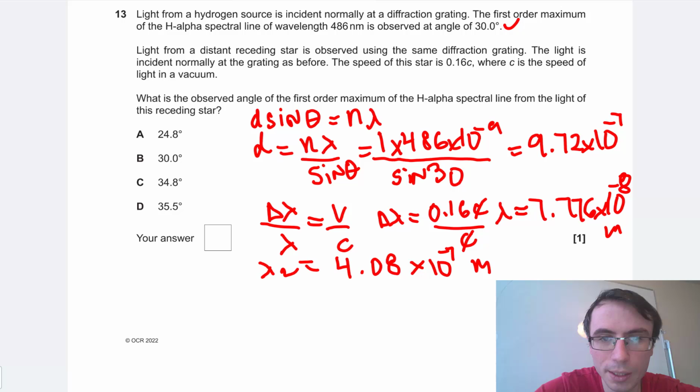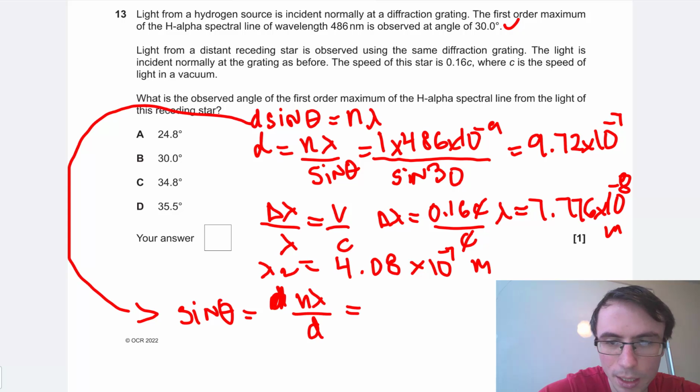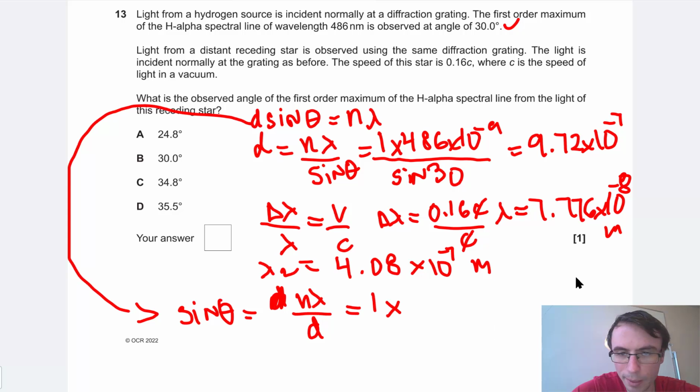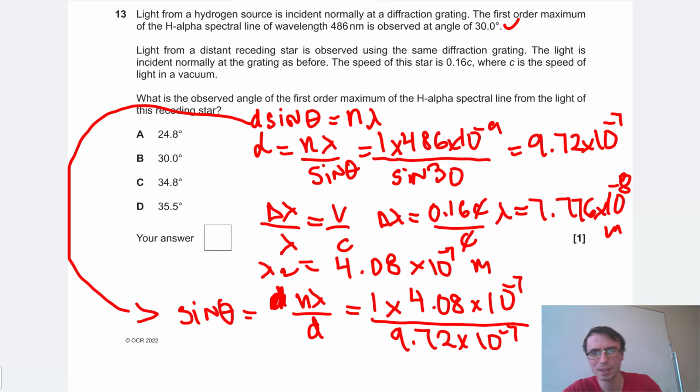And now we have to apply d sine theta equals n lambda again to figure out the first order. So I'm going to say sine of theta is equal to n lambda divided by d, which is going to be equal to 1 times, for the wavelength, 4.08 times 10 to the power of minus 7, divided by the line separation d, 9.72 times 10 to the power of minus 7.